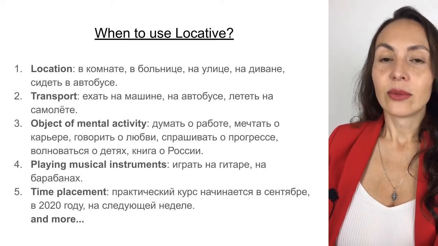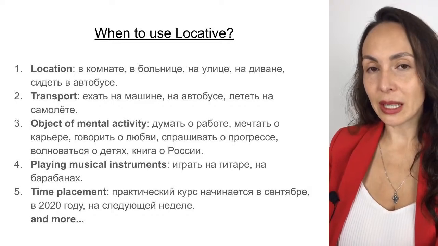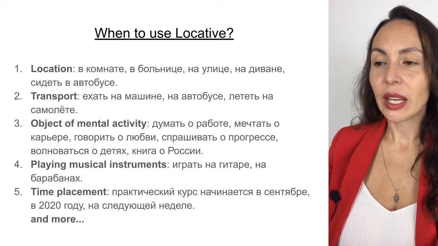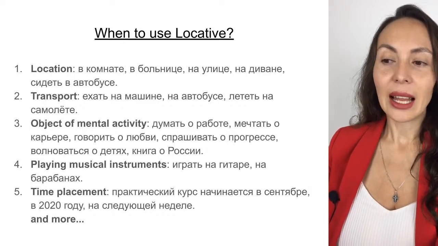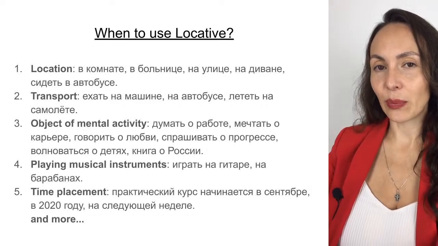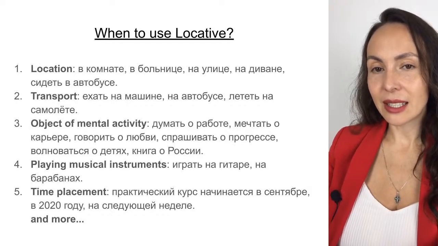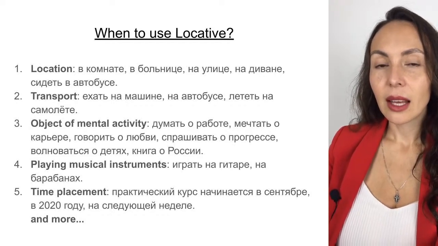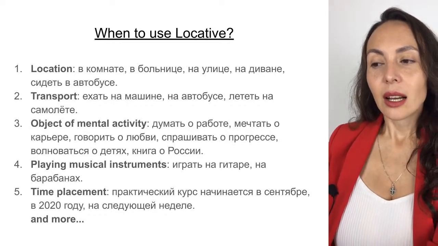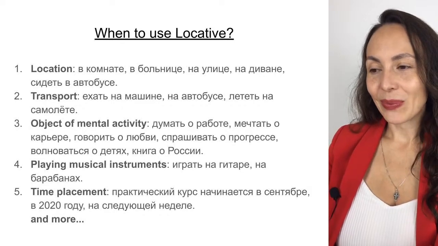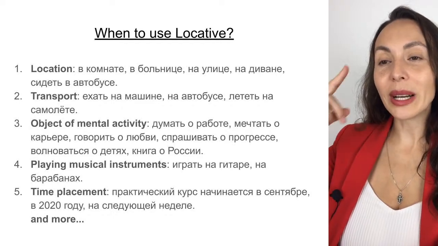Then, transport. Transport, when we are moving somewhere by vehicle. Ехать на машине, на автобусе, лететь на самолете. When we are moving somewhere by vehicle, this is locative. Then, object of mental activity. What does that mean? Думать о работе.